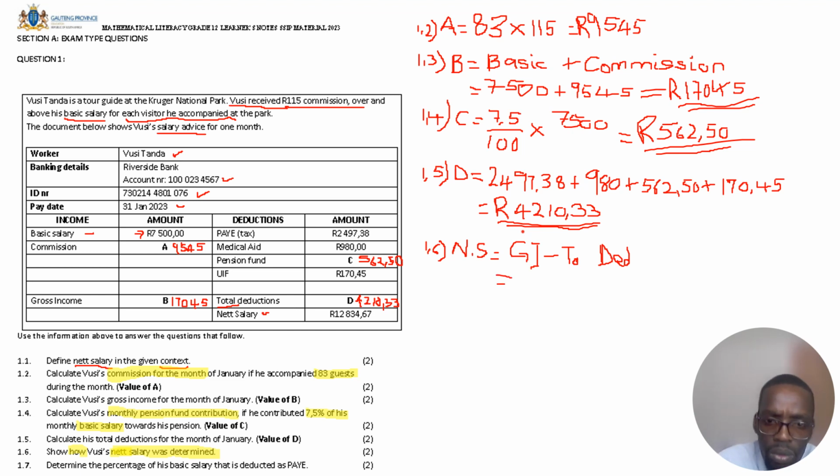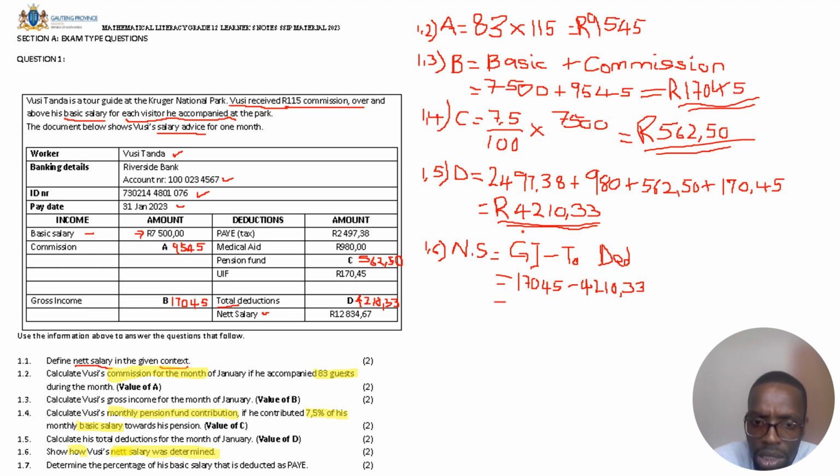So we are going to say 17,045 minus total deductions. We calculated them above in 1.5, so we take that figure of 4,210.33.